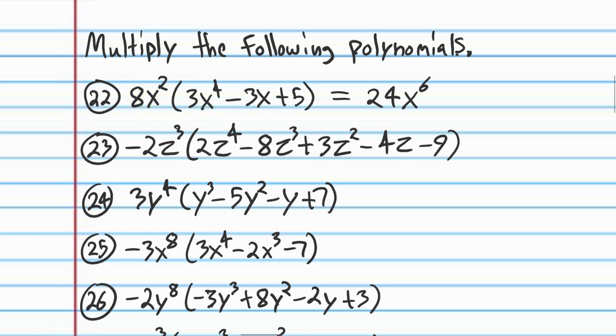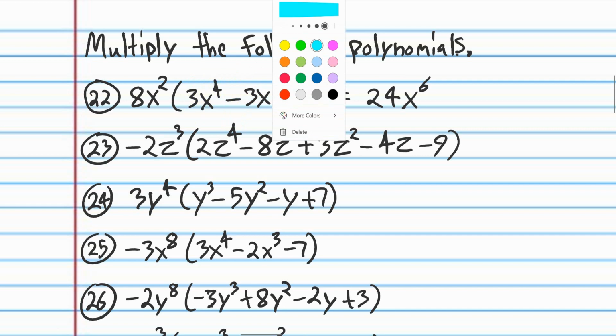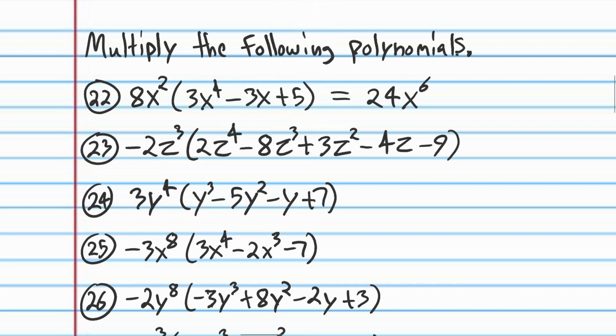So we added those powers. X to the 2nd times x to the 4th is x to the 6th. And we multiplied 8 times 3 to get 24. So this is very, very simple. Now we're done with that first term, so we're going to move on to the next term. 8 times negative 3 is negative 24.